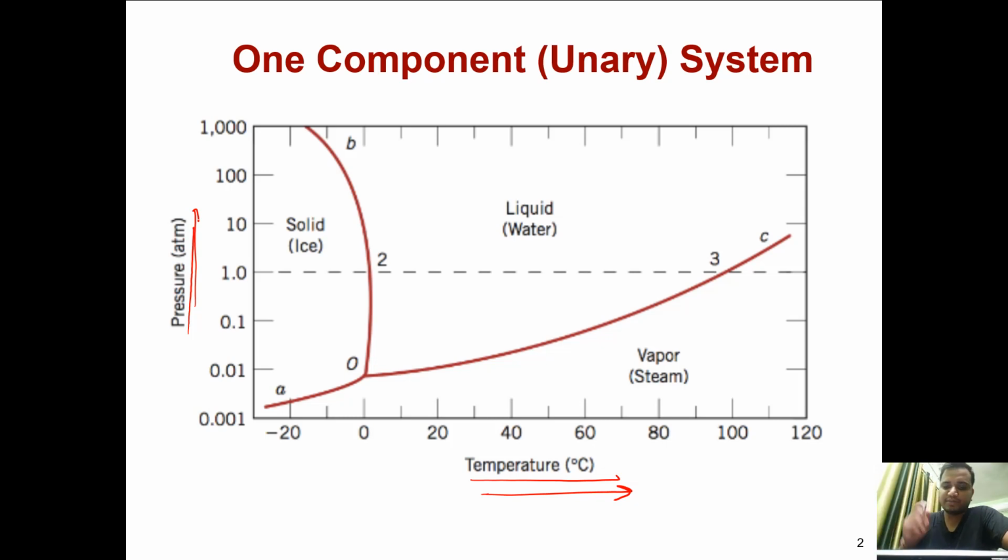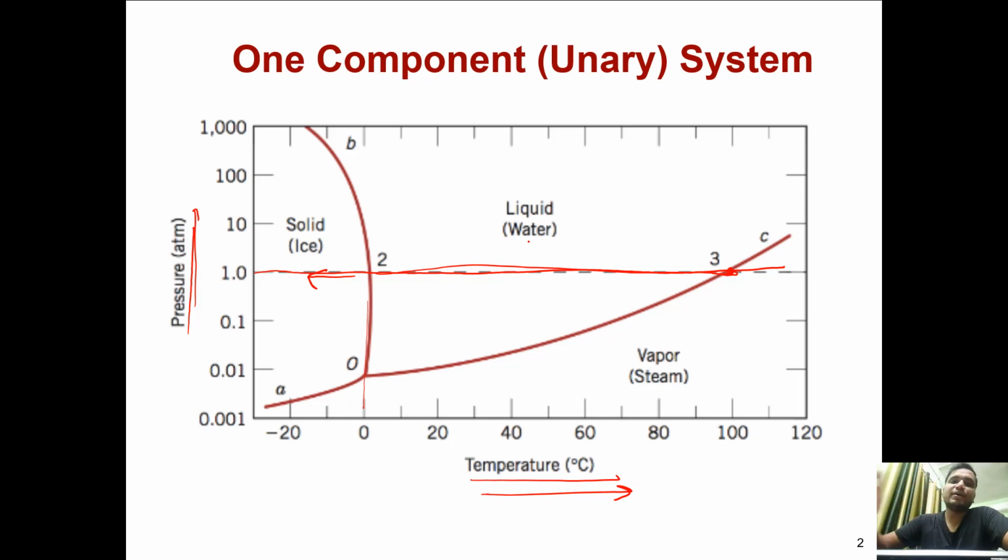It is 1 atm, right? So 1 atm will be here. At lower temperature than 0 degree centigrade we have solid, between 0 and 100 we have the liquid, and above 100 we have the gas, that is the vapor.